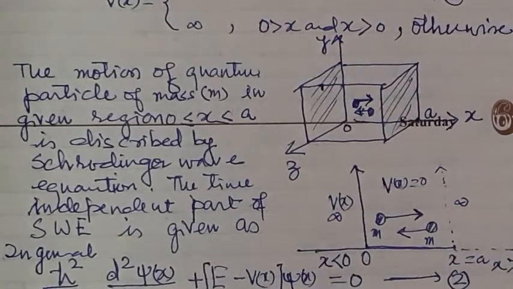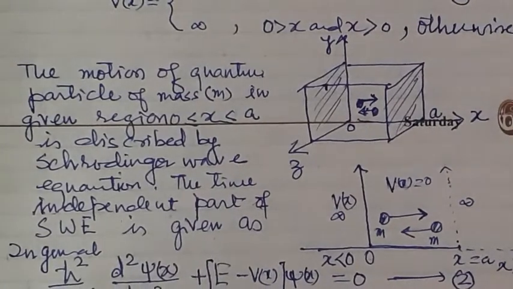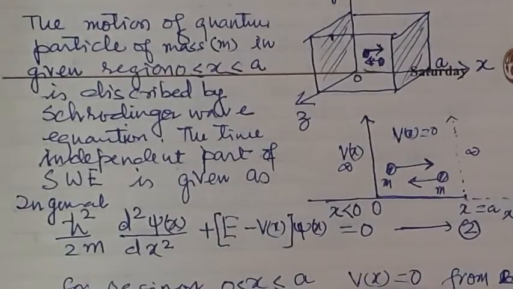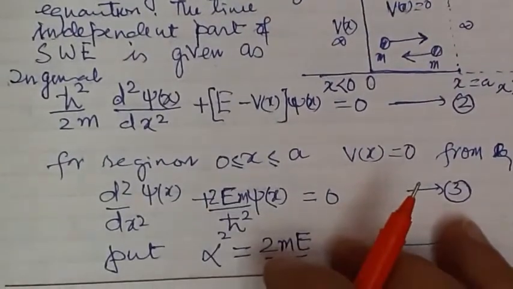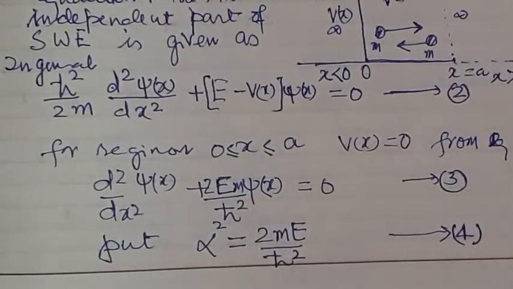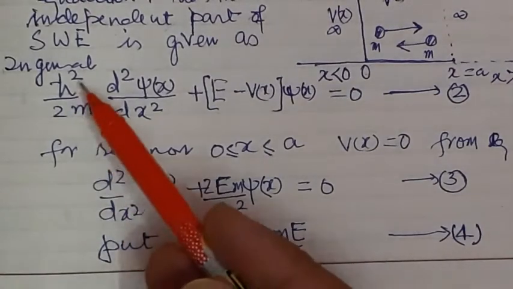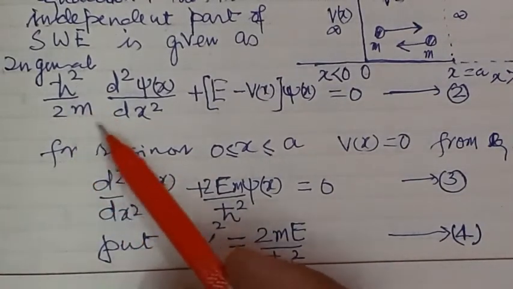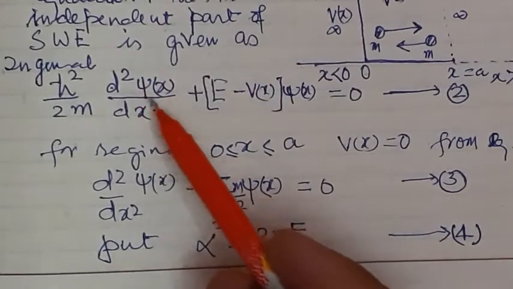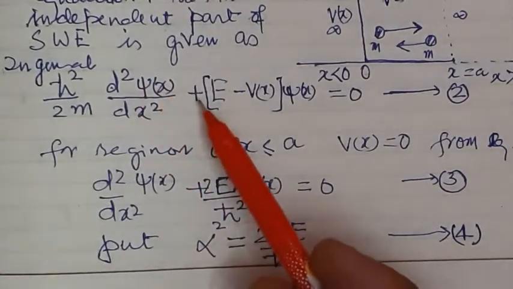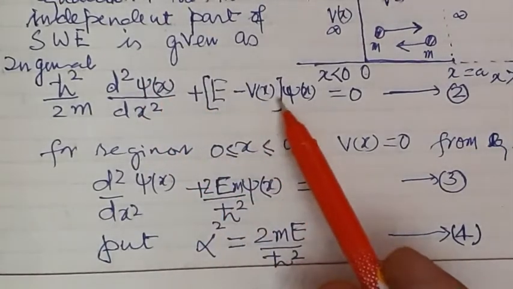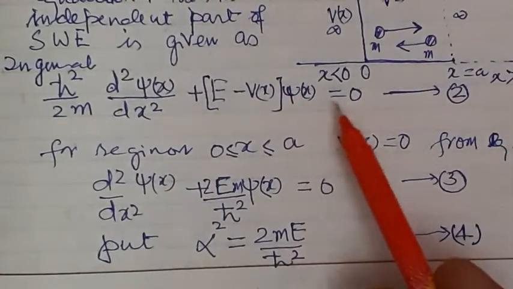Now, applying the Schrodinger wave equation, the time independent part of the Schrodinger wave equation is in general written as the second order derivative of psi(x) plus 2m over h cross square times (E minus V(x)) psi(x) is equal to 0.